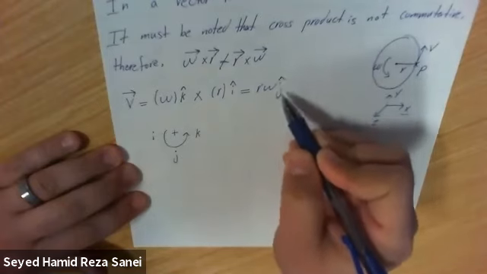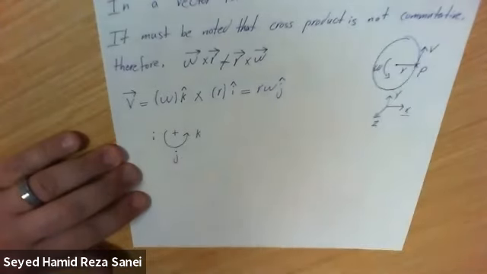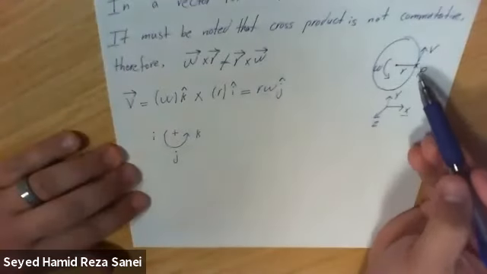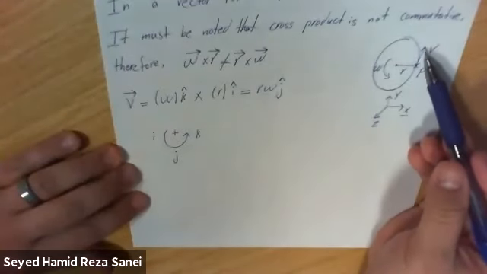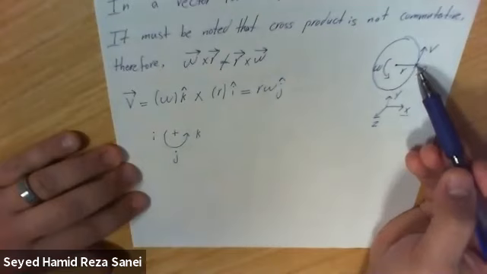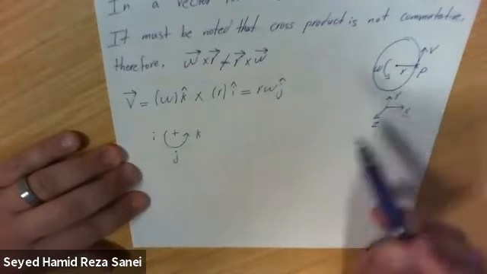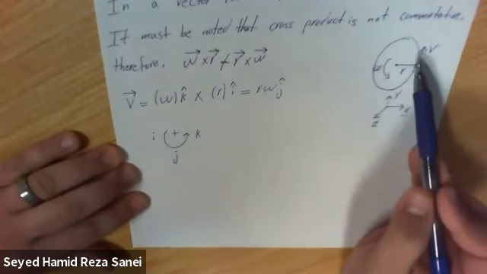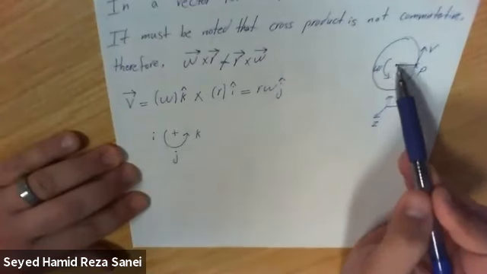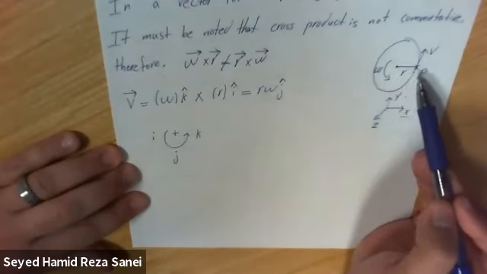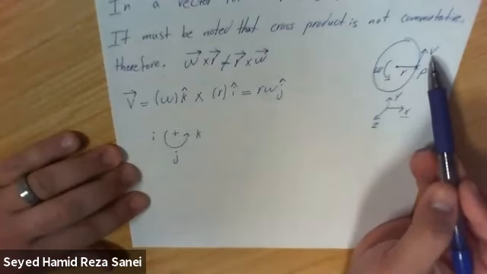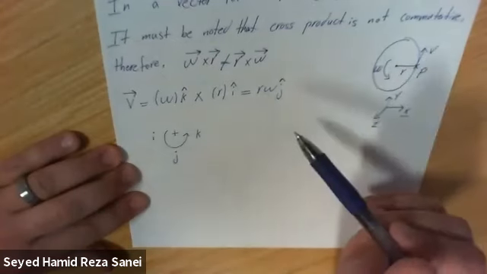So my velocity would be in the direction of positive j. If I go back, I can see by visual inspection that the velocity is in the direction of positive j, in the direction of y. If omega is in the z direction and R in the x direction, velocity would be in the j direction.